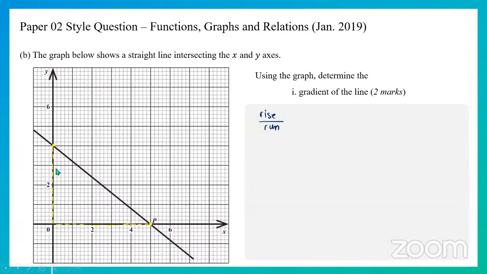So from here, going here, going here. I could find my run first, and I'm going to do so mainly because of the orientation of the line. So I'm going to find run first.